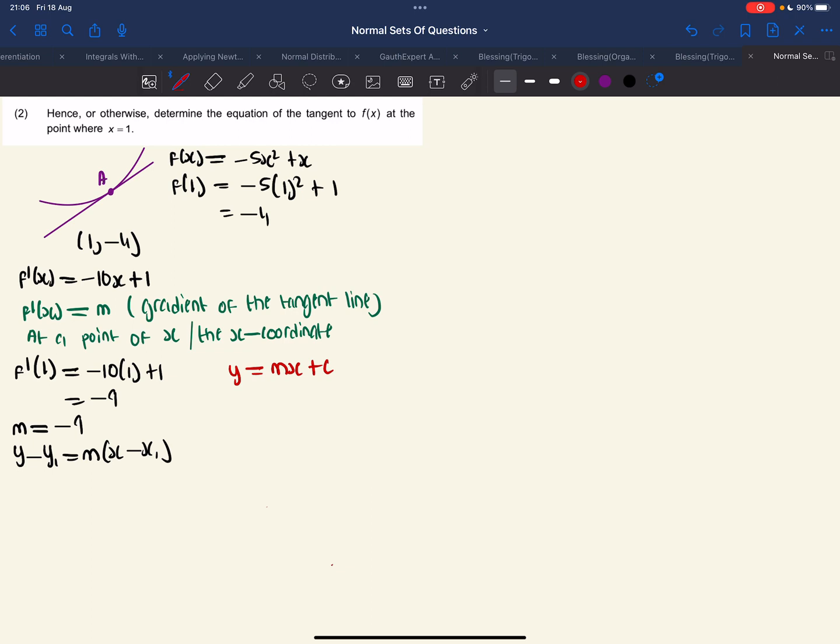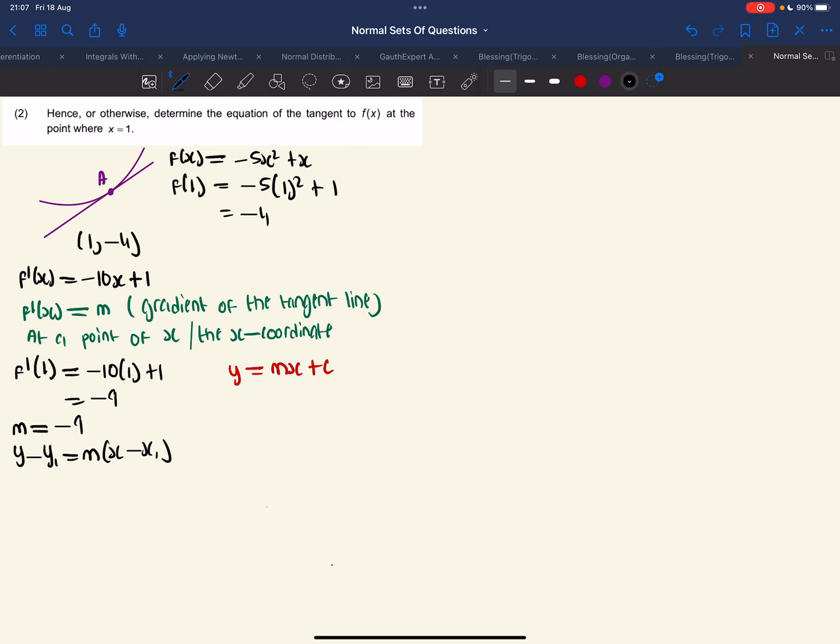In other textbooks, they write b instead of c. Seeing that you now have the m, you can sub in the m there, and then use the coordinate there to solve for c, and you should have your answer at the end. But let's just use this one method.